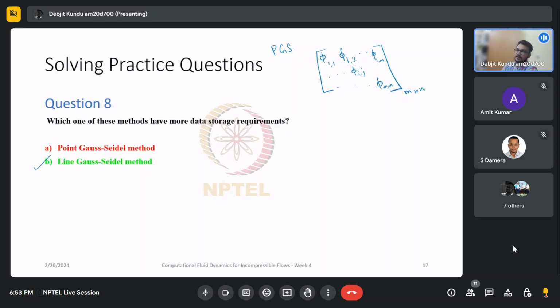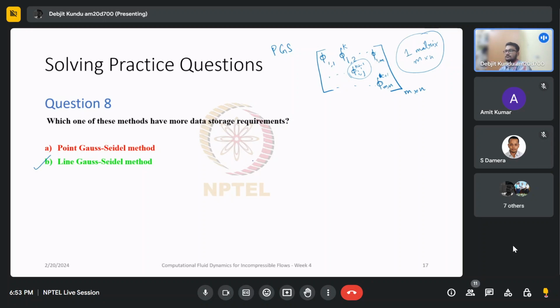So phi i comma j at the k plus 1th level, only this value I will update based on all the other values that I have. Some of them may be at the kth level, some of them may be at the k plus 1th level. So updated or old doesn't matter, but I'm only using one matrix, which is of the size m cross n. So this is the data storage requirement for point Gauss-Seidel.